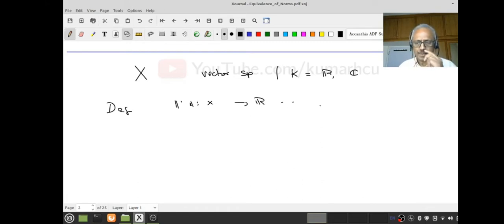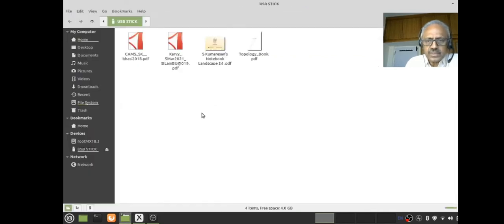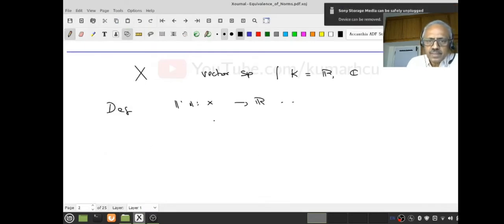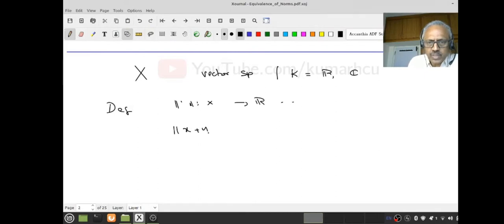One of the most important things you may know is the so-called triangle inequality.